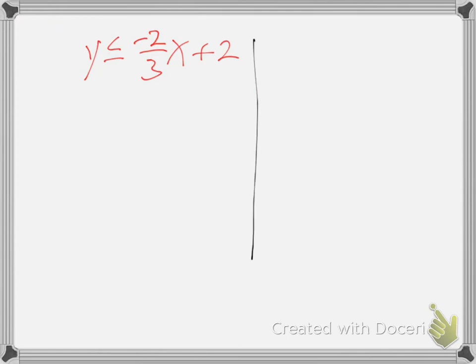So, all right. Where do we start our graph? 2. Yeah, start right here, and that's always on the middle line, huh? Start it up 2. So 1, 2 right there. And then where do we go from there? This is rise over run.